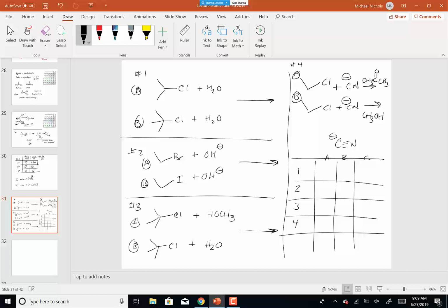A, B, and if they have the same rate, they're going to be C. Okay. All right, for number 1, we have 7 A's and 4 B's, and no C's.